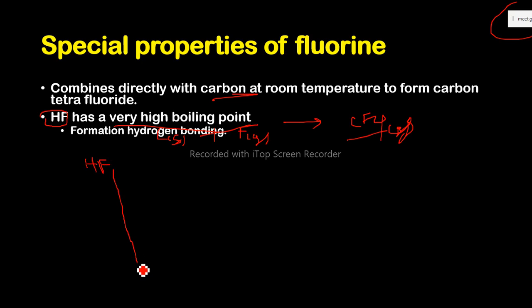Then a drop, and this is the boiling point of hydrogen chloride, and then some gradual increase to the boiling point of hydrogen iodide. So such a trend, okay? The boiling point of fluorine's hydride is abnormally high compared to the other hydrides.